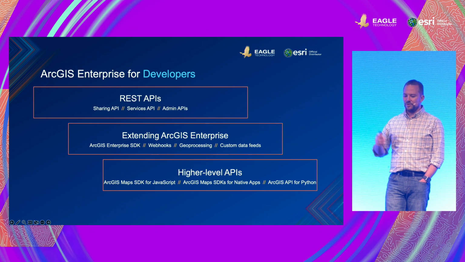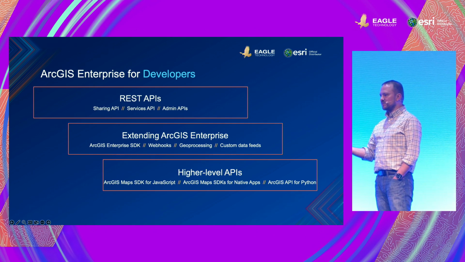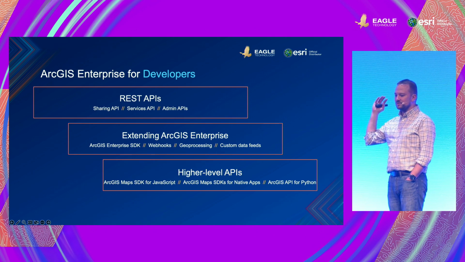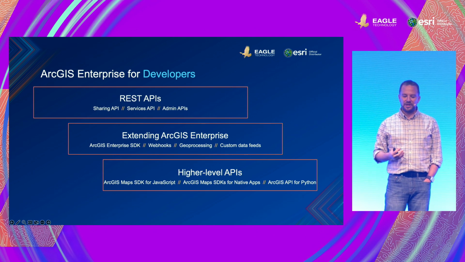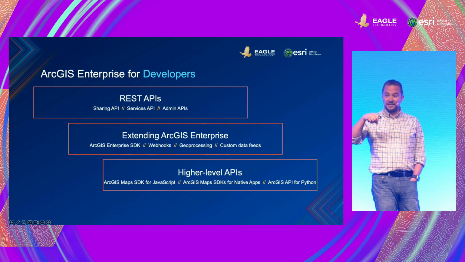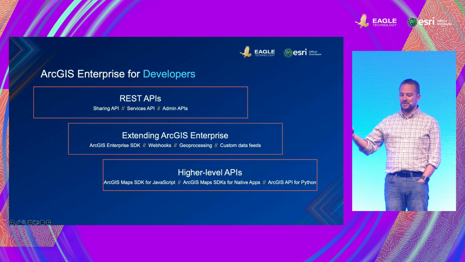That's what we refer to as the sharing API. Going back to that concept of is it shared with anybody, those are the APIs there. The services APIs, this is where I can send a request to do geocoding. There's a geocoding service API. Or simply administrative APIs for managing the system itself. I want to add another server, and I want to script that or automate that so I don't have to manually go and click buttons.